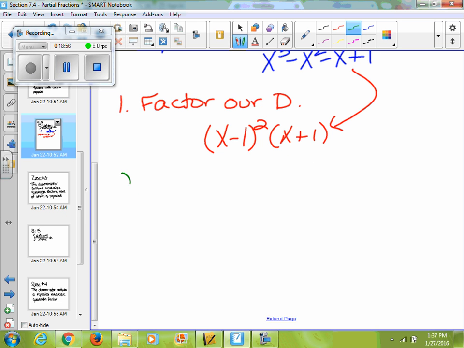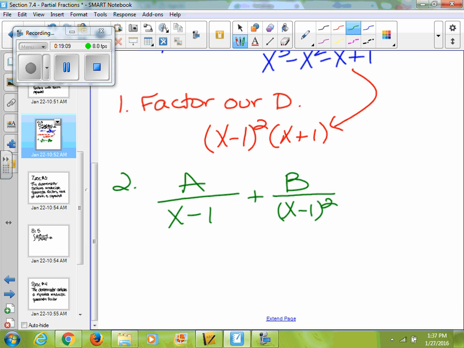So if we break it into our pieces, I'm going to have A over x minus 1 plus B over x minus 1 squared plus C over x plus 1. Whenever you have a repeated factor, you have to do the factor individually and repeated. That's the only difference from part 1 where you didn't have any repeated factors. So that's why I have an x minus 1 and an x minus 1 squared.